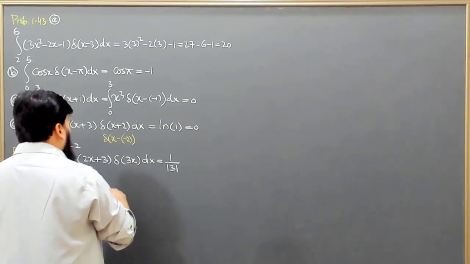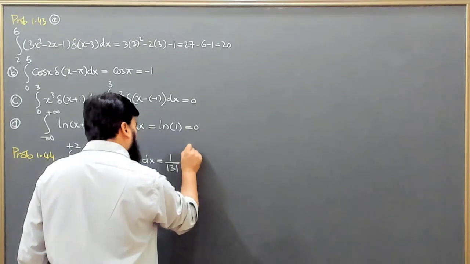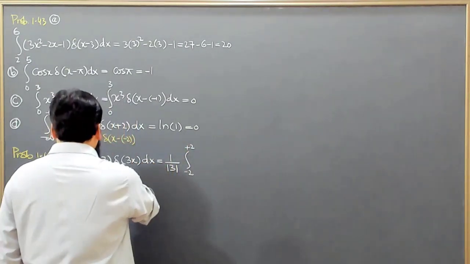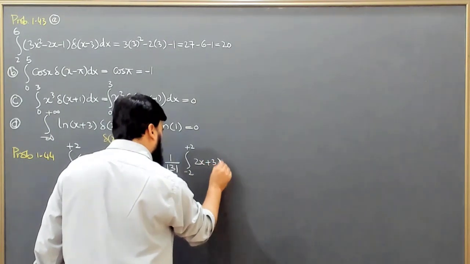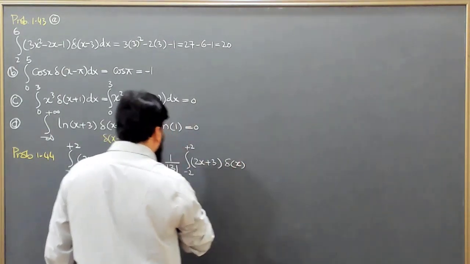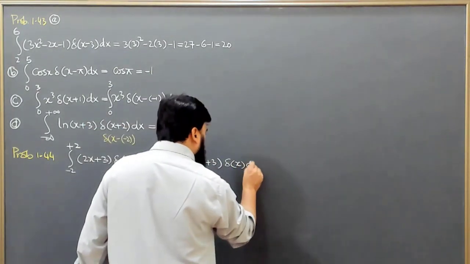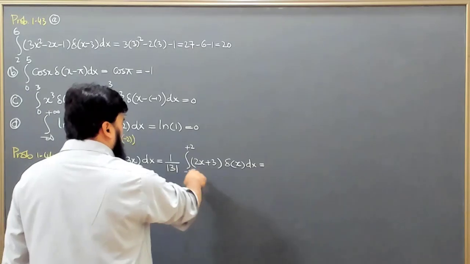Then we can write delta of x here, from minus 2 to plus 2, of 2x plus 3 times delta of x dx. Now at x equal to 0, we will write this thing.